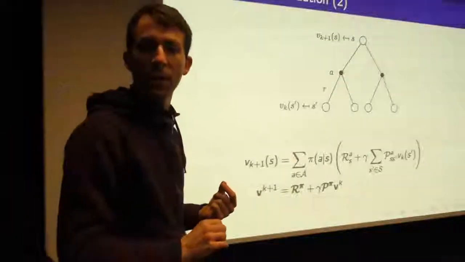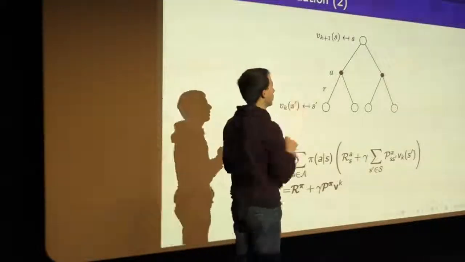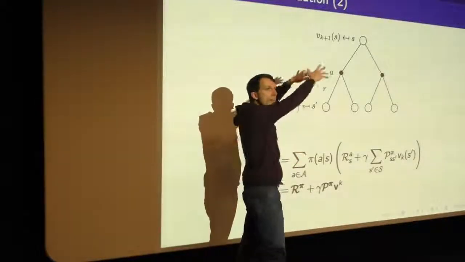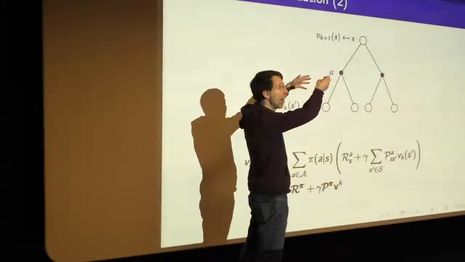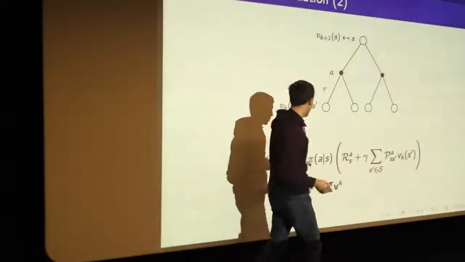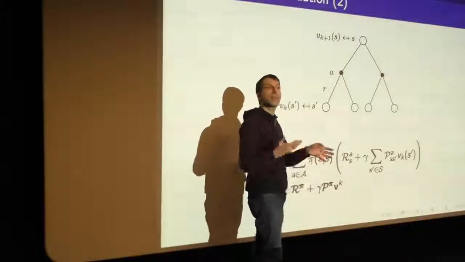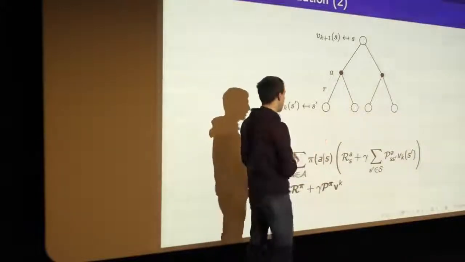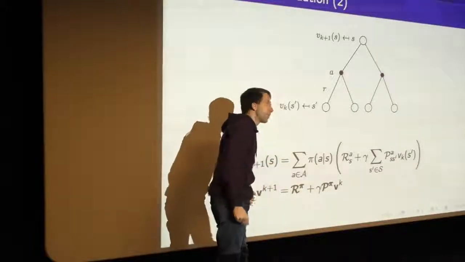So all we're going to do is take our Bellman equation that we had before. If you remember, this was our look-ahead tree that showed us how to compute the value function. This was the Bellman expectation backup, so-called because we've got an expectation over our actions rather than a max over our actions. The max gave us the optimality equation; the expectation gives us the Bellman expectation equation. And this was the vector form of the same thing.